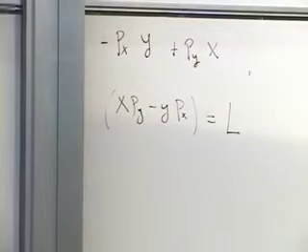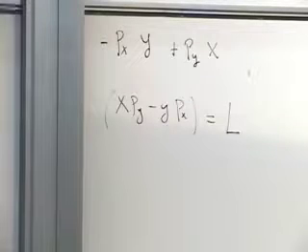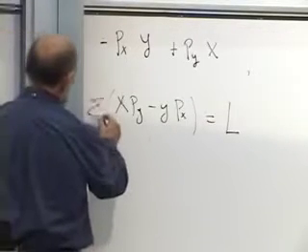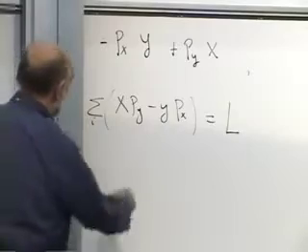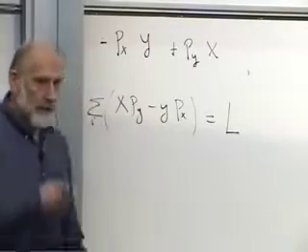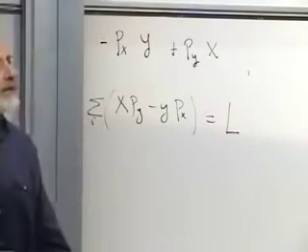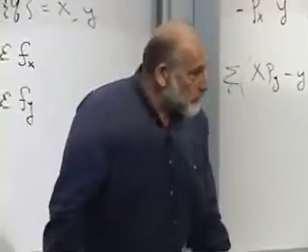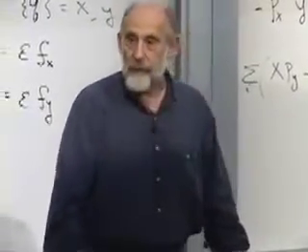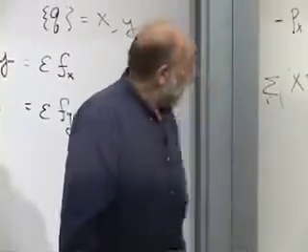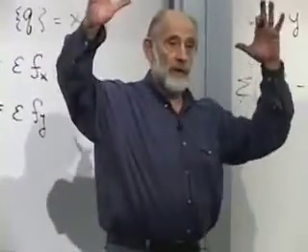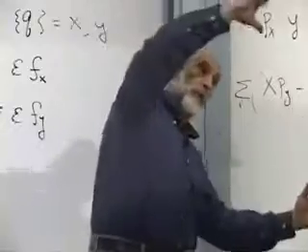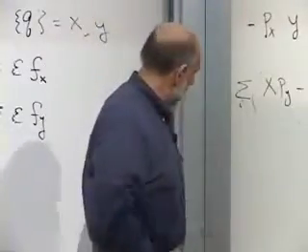If there are many particles, then there's a contribution of this for each particle, a summation over all the particles. Again, we didn't have to know very much about the forces between particles, or about the details. All we needed to know is that the action doesn't change when we rotate the system about an axis.